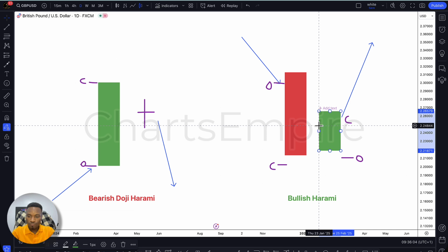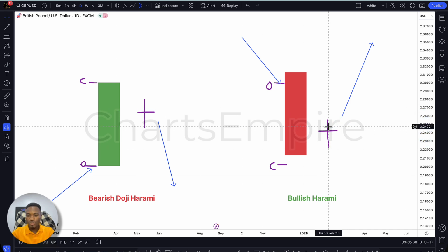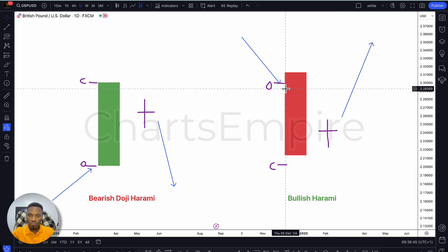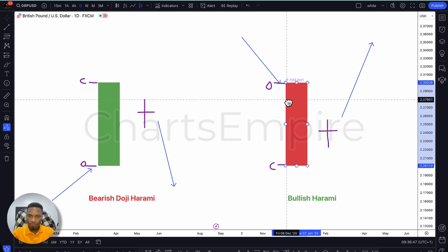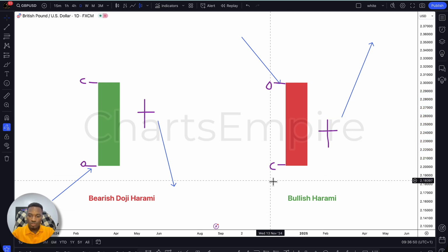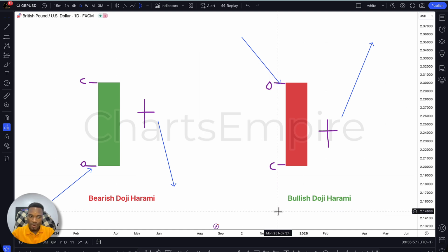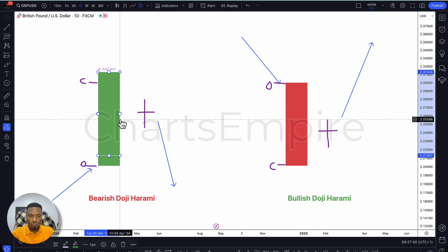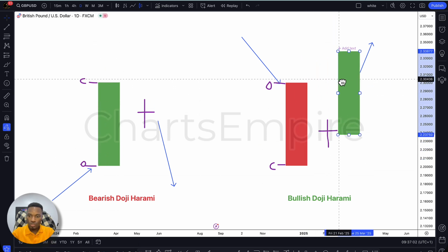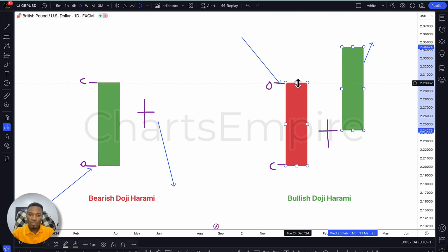So for you to trade this candlestick pattern, you have to wait for the next candlestick to close above the opening of this bearish candlestick on your trading chart. Now, this candlestick, if it has a Doji, is called a bullish Doji Harami. Now we wait for the next candlestick to be a strong bullish candlestick closing above the opening of the bearish candlestick. So this is how you trade the Harami candlesticks.